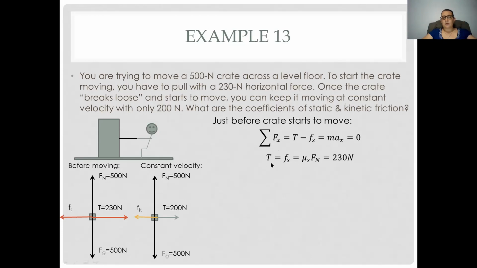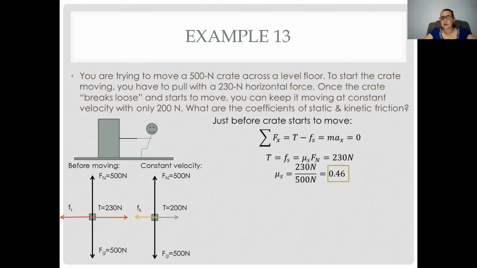And we know that that's going to equal 230 newtons because that's the tension force that we're applying. So to find the coefficient, all we need to do is divide our tension force or our applied force by the normal force. So 230 divided by 500 gives us a coefficient of static friction of 0.46.